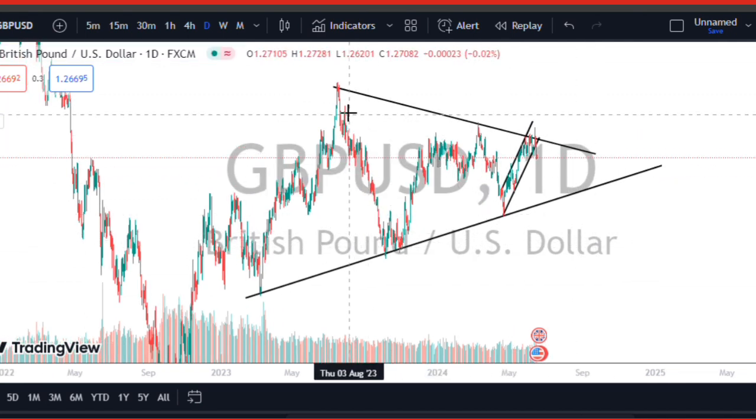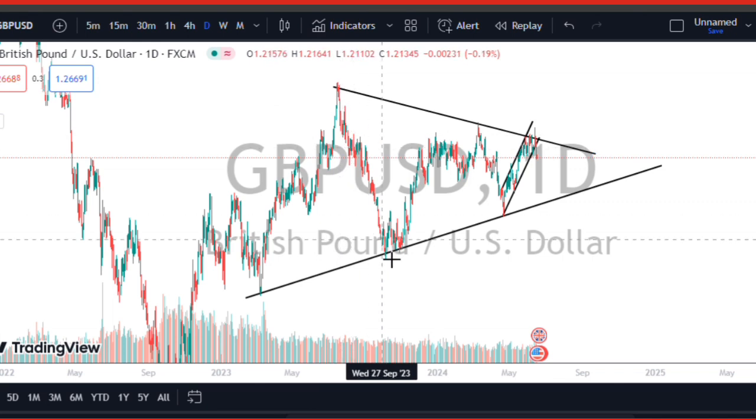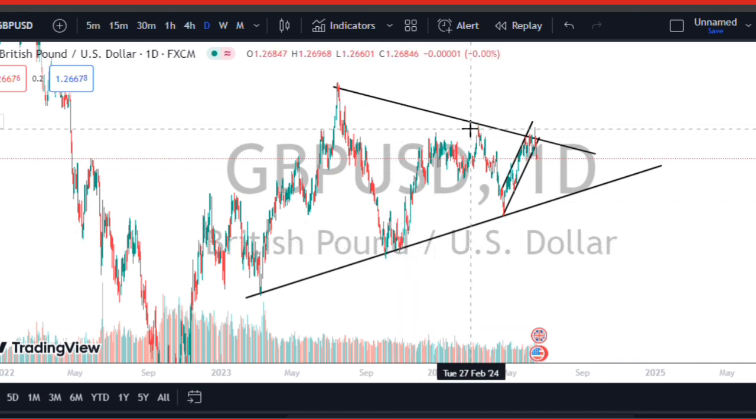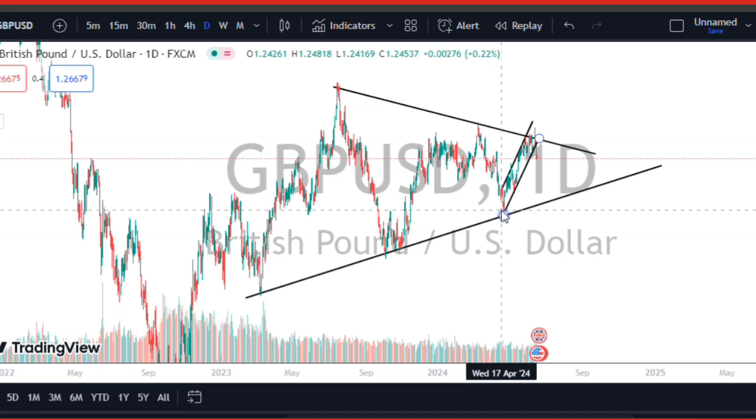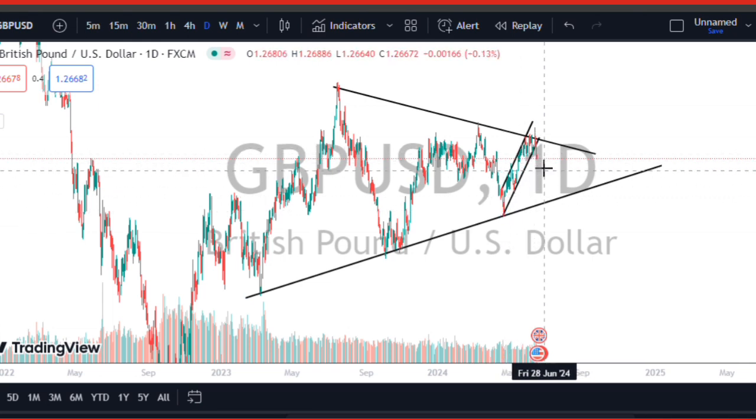The market formed this higher high and came back and formed this higher low in respect of this trend line. This trend line acts as a support trend line. Okay, so it went up again, formed a lower high, and came back again and formed a lower low, higher low. So the market is playing within this triangular structure.